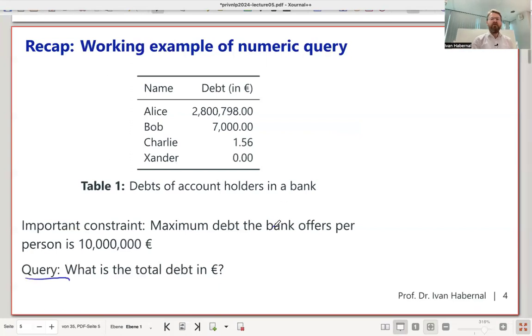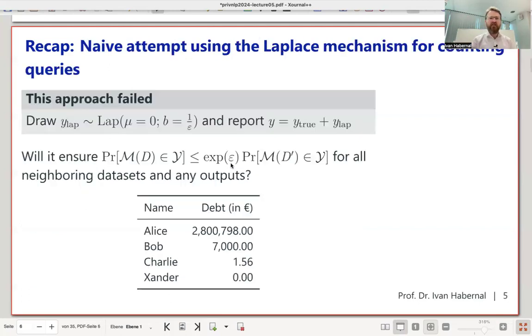We knew that just reporting the raw sum would not protect the privacy of anyone in the database, because of outliers. So we said, let's naively try the Laplace mechanism for counting queries.